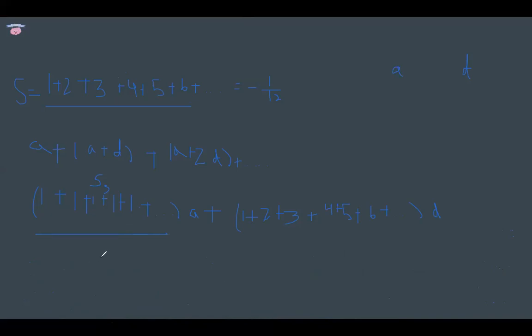So we know this is negative 1/2, and we know this is already negative 1/12, meaning that the sum of this series, let's just say S infinity, is equal to negative 1/2 A minus 1/12 D.